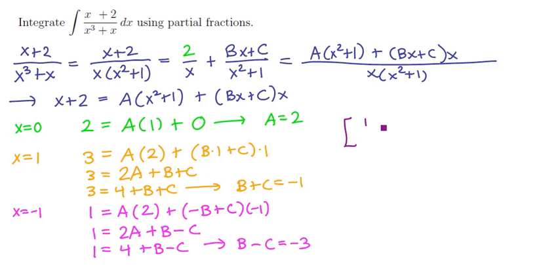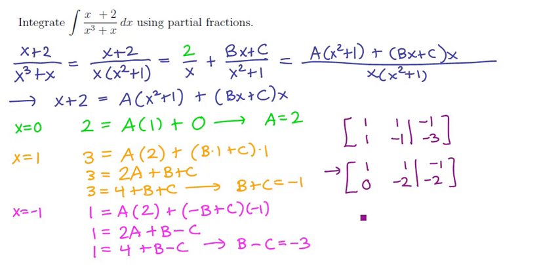Let's solve it with row reduction. First row would become 1, 1, minus 1. Second row is 1, minus 1, minus 3. We can leave the top row unchanged and subtract it from the bottom row to get 0, minus 2, minus 2. We could then scale that bottom row through by negative 1/2 to get a new bottom row of 0, 1, 1, and then subtract that bottom row from the top row.